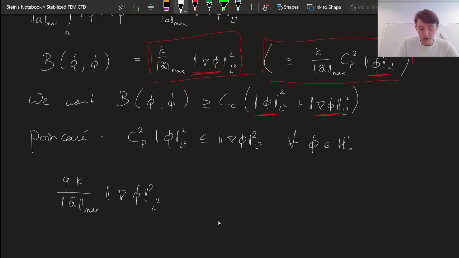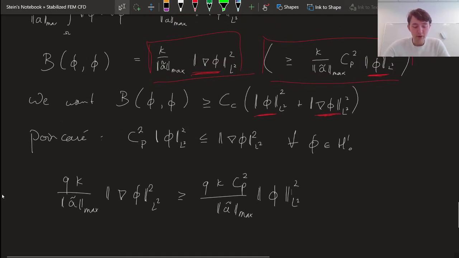And with that, I'll get Poincare inequality saying that that's going to be larger than or equal to, well, q times kappa times Cp squared times the maximum magnitude of our vector field times phi measured in the L2 sense squared.